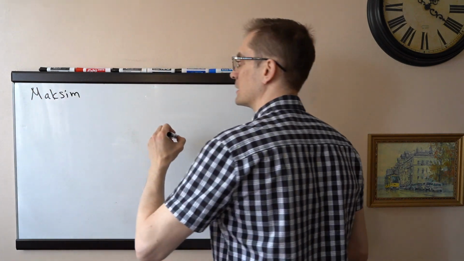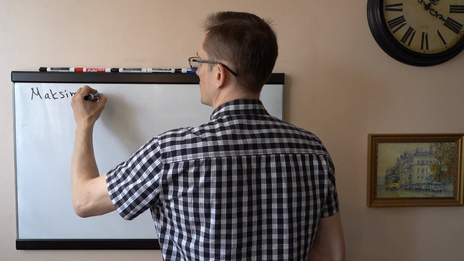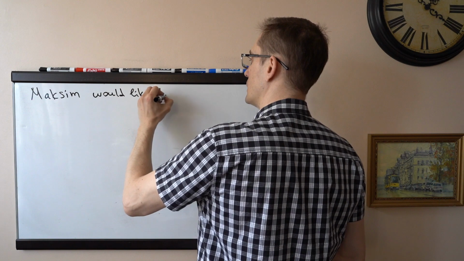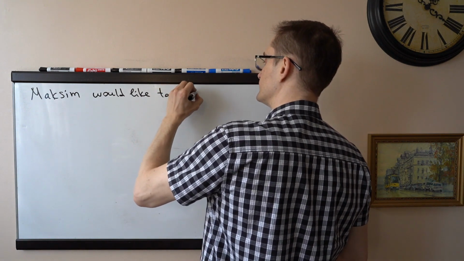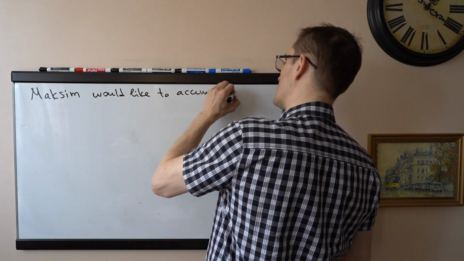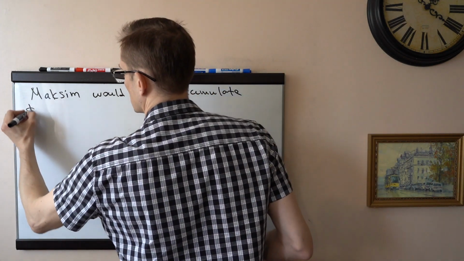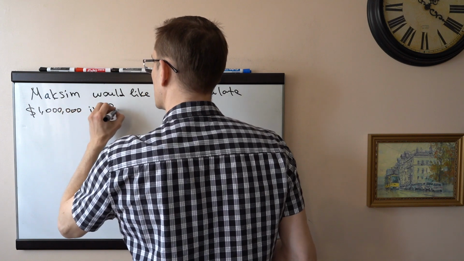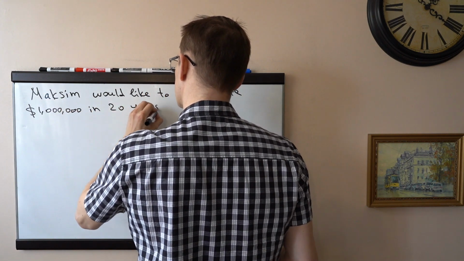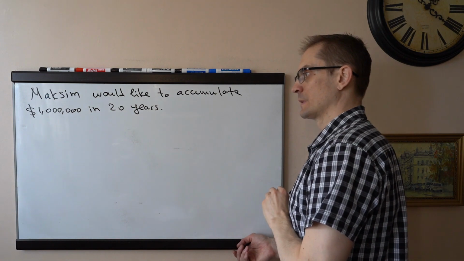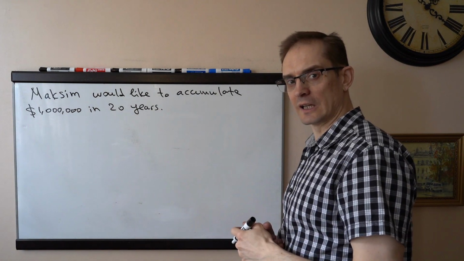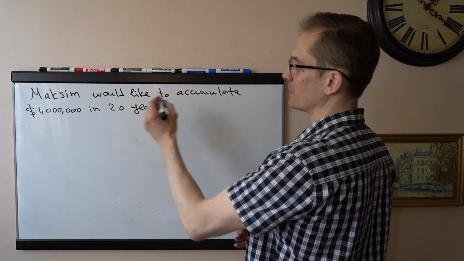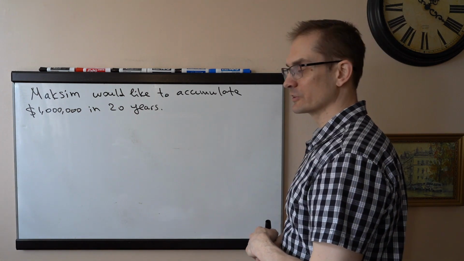So Maxim would like to accumulate $1 million in 20 years. Okay. So that's something I would really like to do. It's just I don't have anything to invest. But in any case, Maxim would like to accumulate $1 million in 20 years.